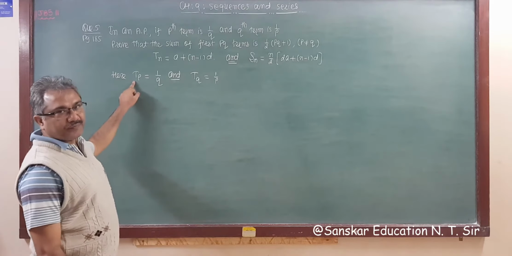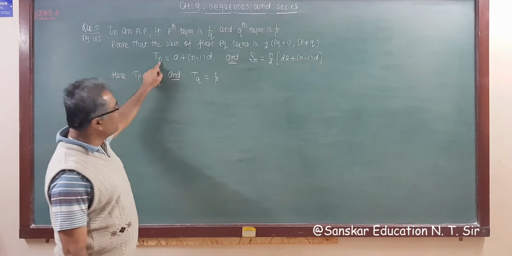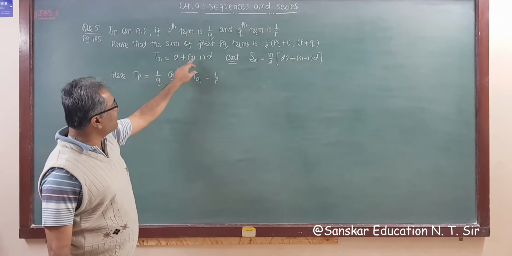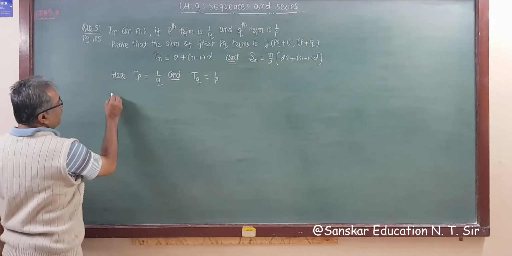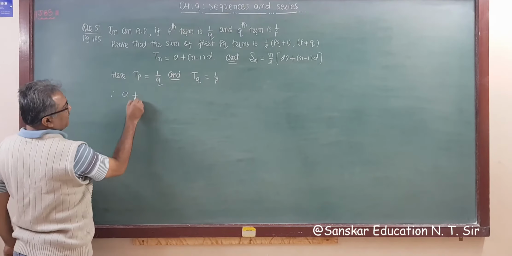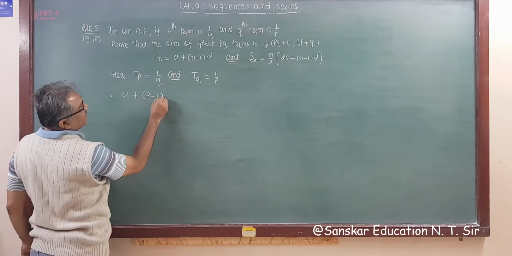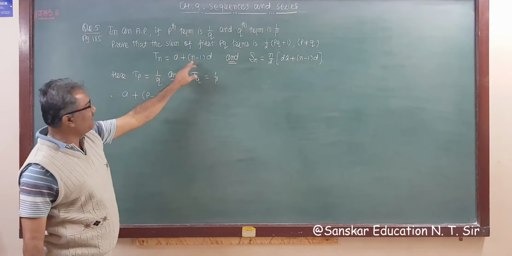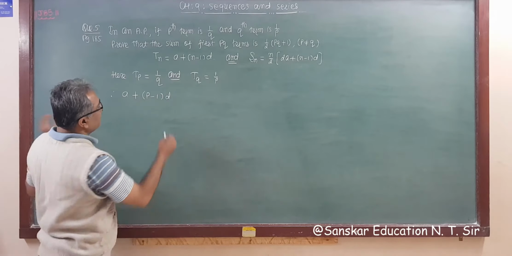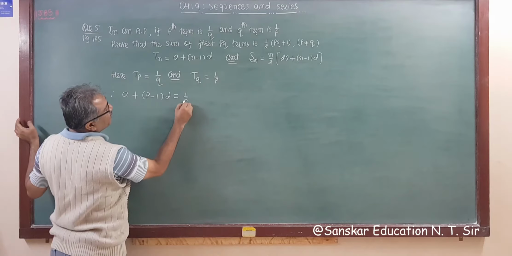Now Tp: if the nth term is Tn, then the formula is a plus (n minus 1) d. So instead of n, here it is p. So the formula is a plus (p minus 1) into d, so Tp is equal to 1 upon q.